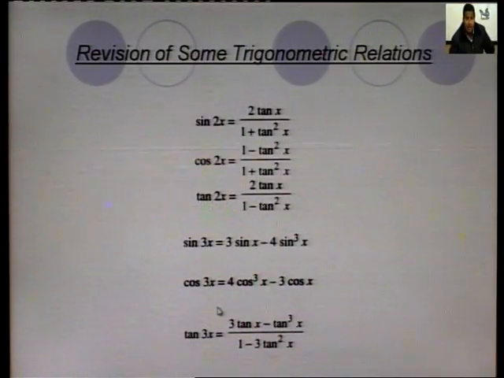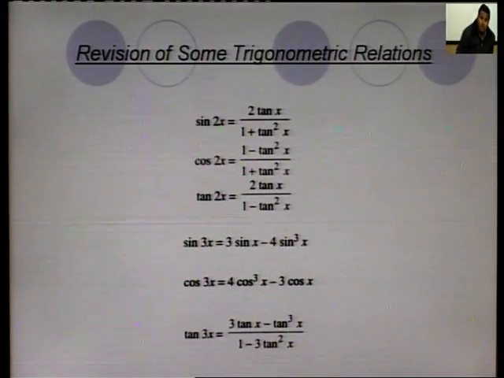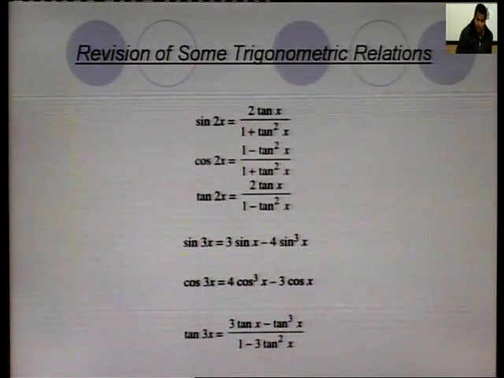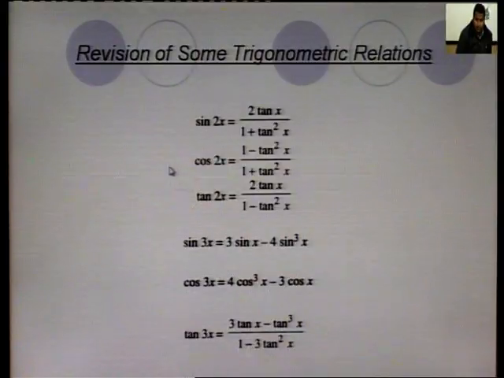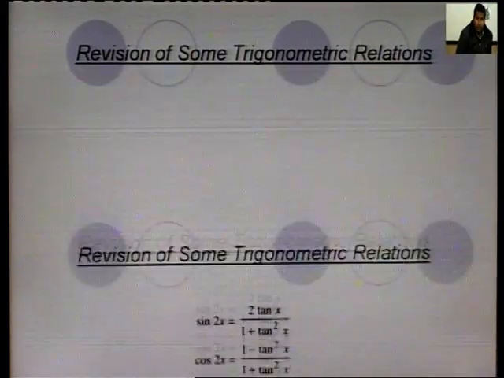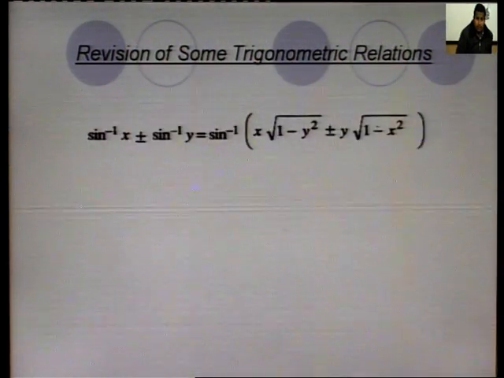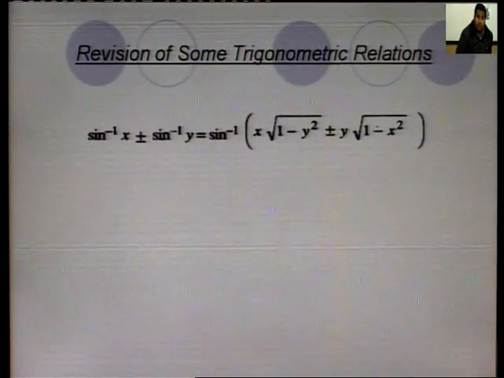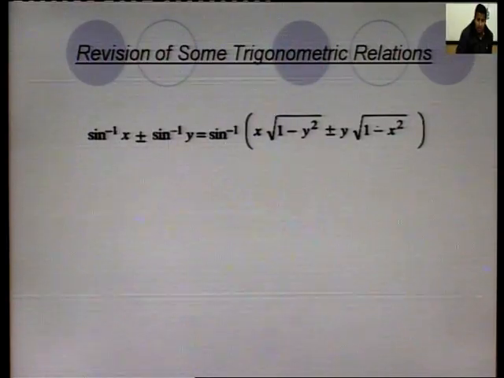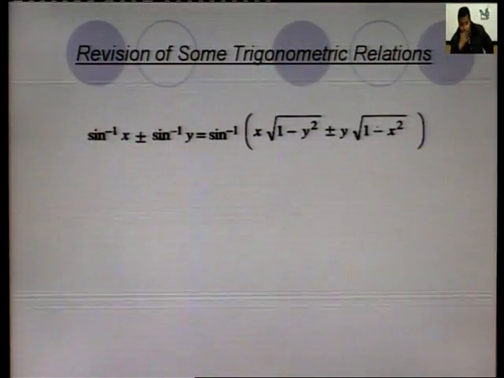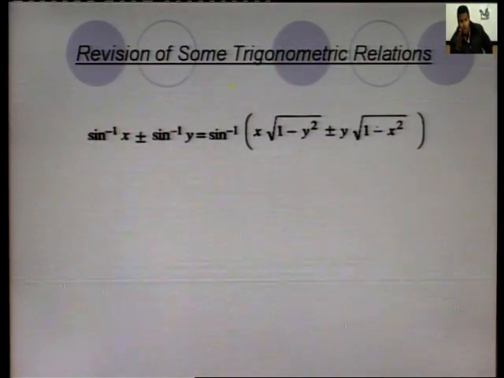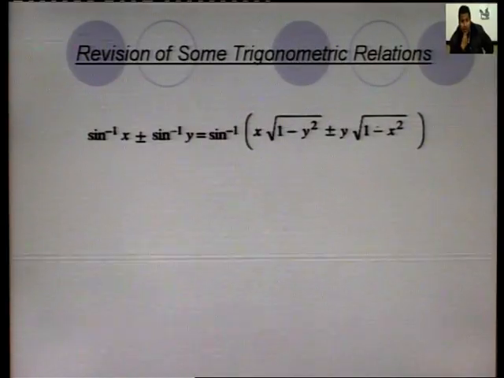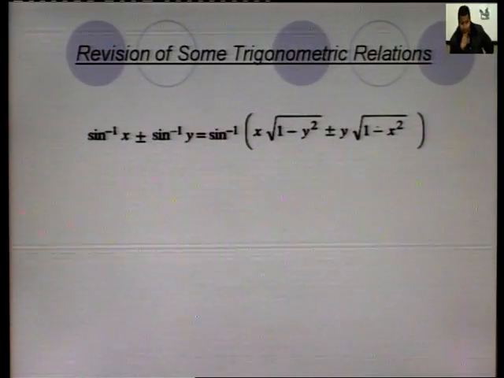Then tan 3x is equal to 3 tan x minus tan cube x over 1 minus 3 tan square x. Now these are very important formulas, and when we are doing the substitutions, we have to do them in the derivative of inverse functions, to negate the inverse functions.